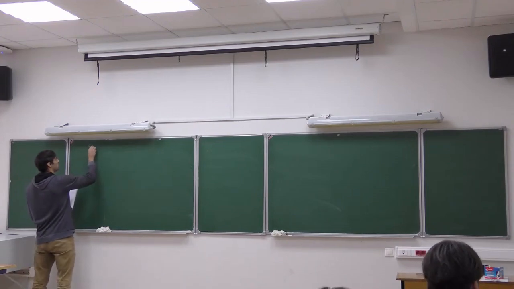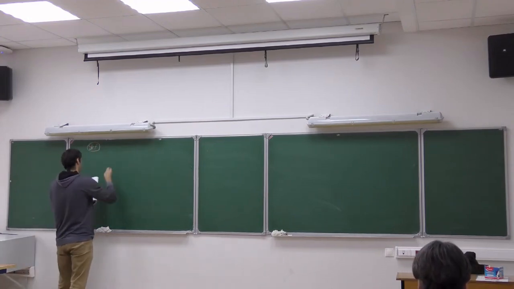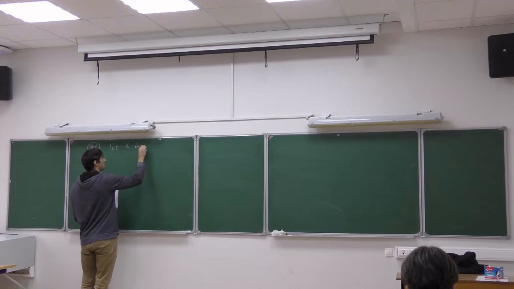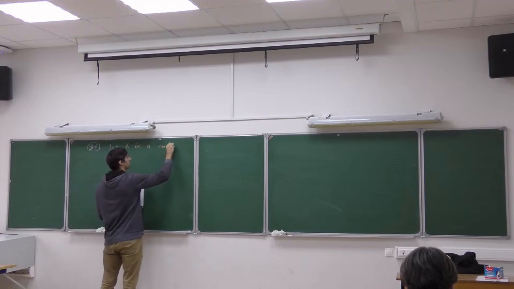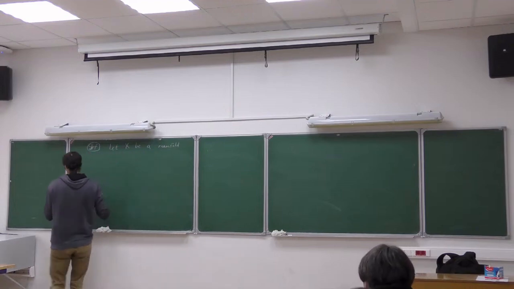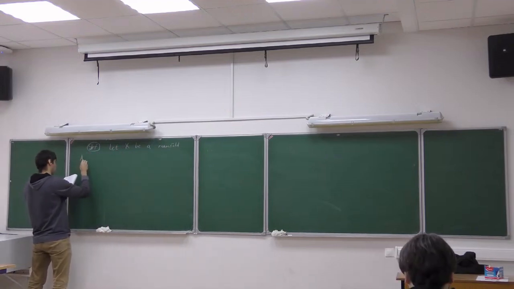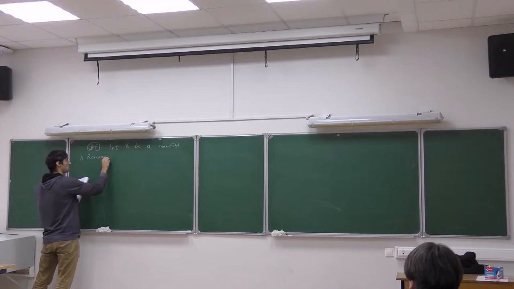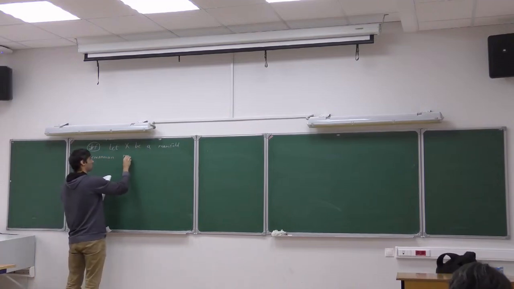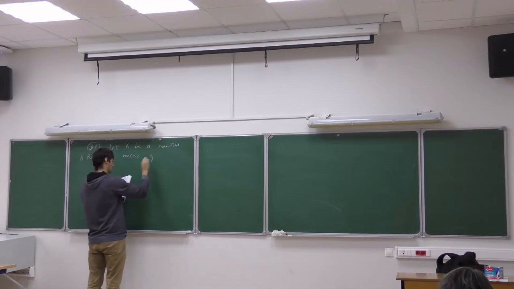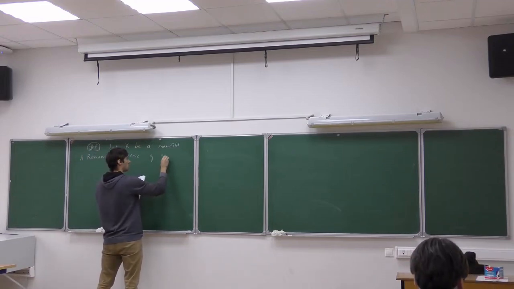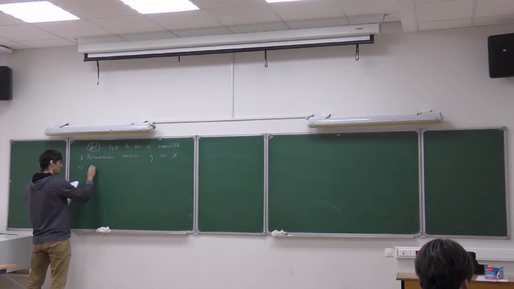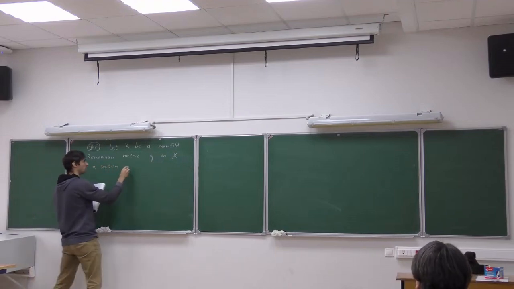So, definition. Let X be a manifold, and we say that the Riemannian metric g on X is a section of the following vector bundle.